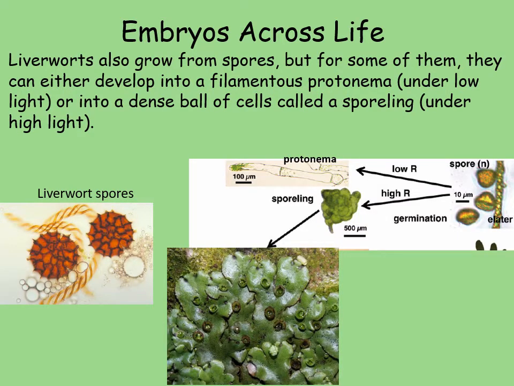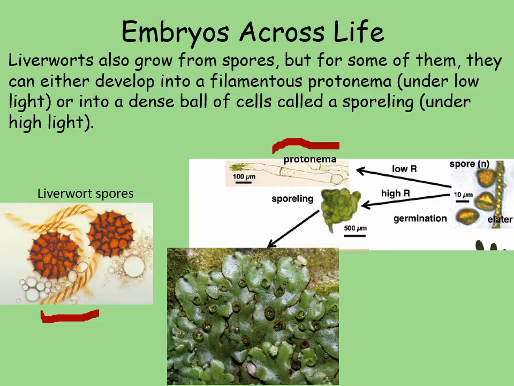Liverworts also grow from spores, so they have spore dispersal. Here are some liverwort spores on the left. For some of them, they can develop into the filamentous protonema, like we had in the case of the mosses. And they also have another stage that they can develop into called a sporling. What's interesting is that for some liverworts, they will grow into a protonema if there's not a lot of light available.